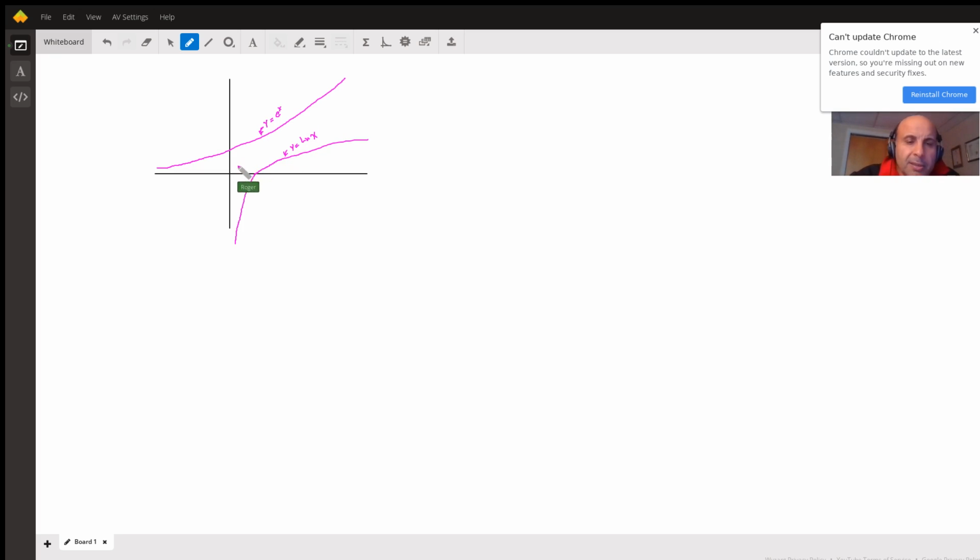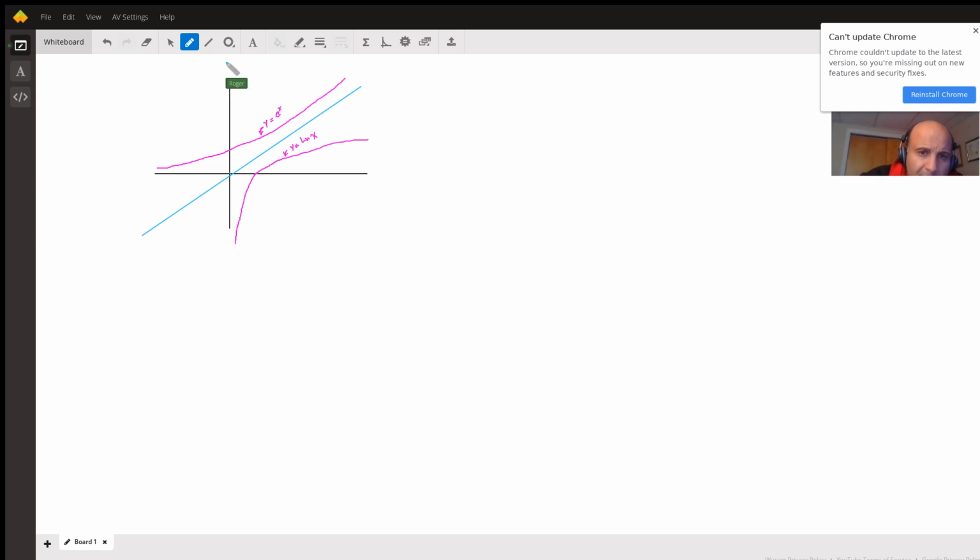As you can see, these two graphs are actually identical, and they are also mirror images of each other, especially if you draw a line. Let's draw this line here in magenta, like that, a line that passes at 45 degrees through this point and this point here.